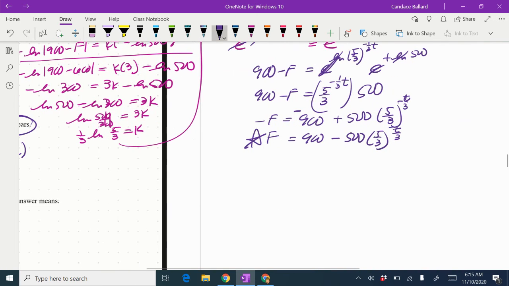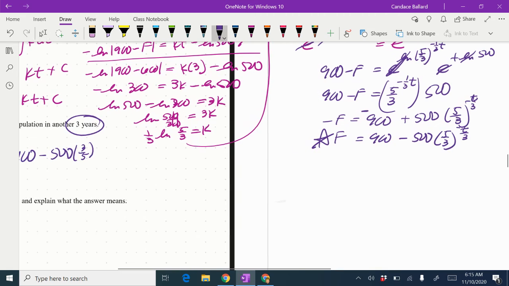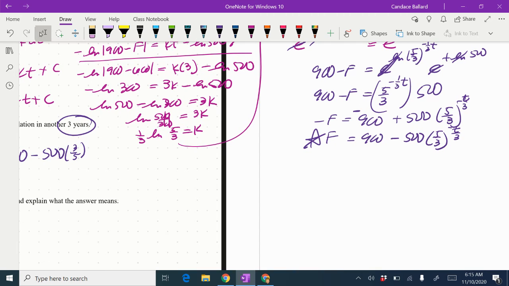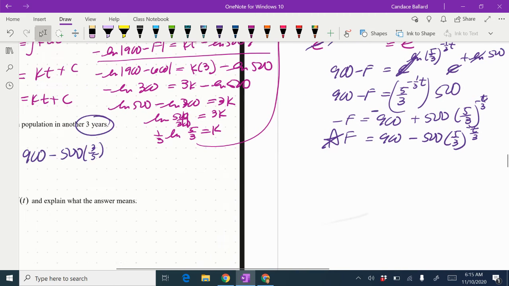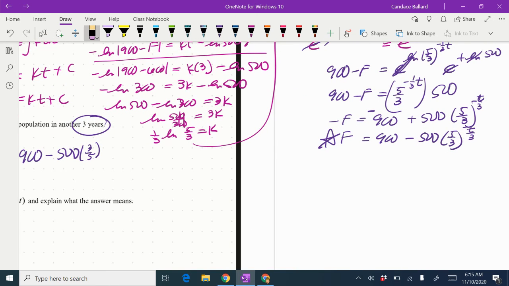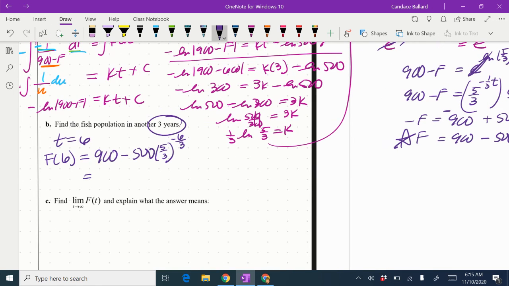Wait a minute, what happened? Oh, it was really 5/3. They did something different with their exponent. Okay, times 5/3 to the negative 6 over 3. And then we put that into our calculator, and we end up with 720 fish when we hit those buttons.